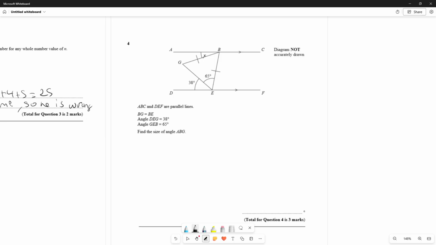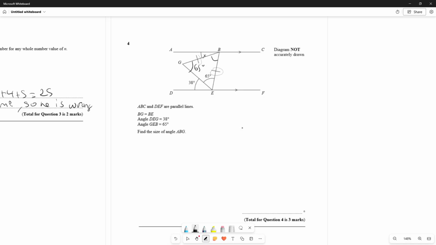Okay, let's begin. So first, notice that we have an isosceles triangle. Okay, how can we tell this? Well, look at this. We have these two lines, and they tell us it's an isosceles triangle. And what this will mean is that the base angles will be the same. So this is also 65.